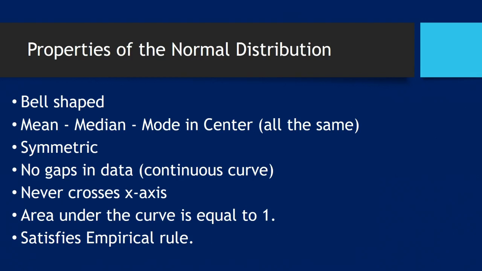So the normal curve will always be above the x-axis. The area underneath will always add to 1. And then obviously we stated earlier that it does satisfy the empirical rule that we saw in Chapter 2.